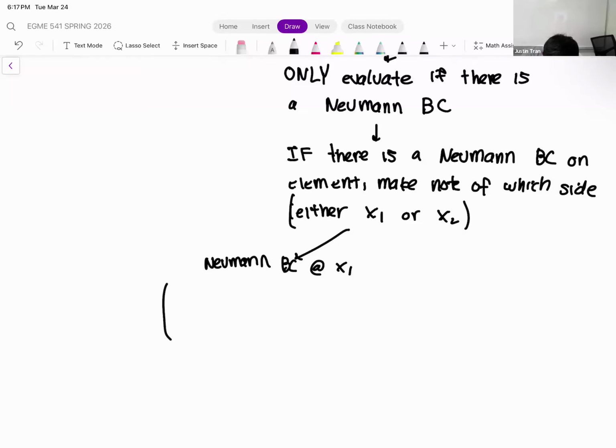In that situation, your N1 of x1 or N2 of x1, remember the properties for the shape functions. When you're evaluating the shape function at the matching node, you get 1. You evaluate the shape function at the opposite node, you get 0.